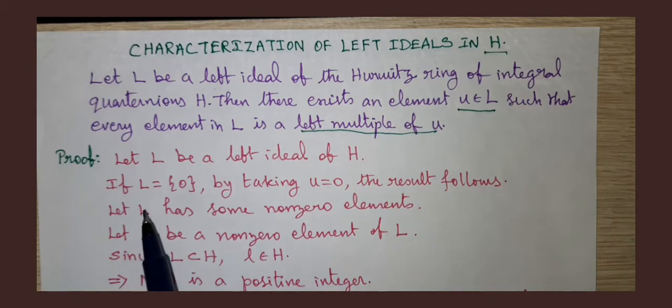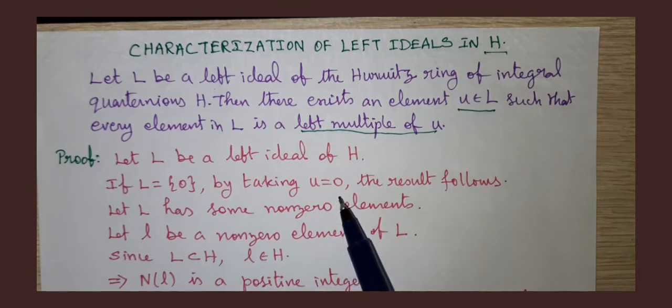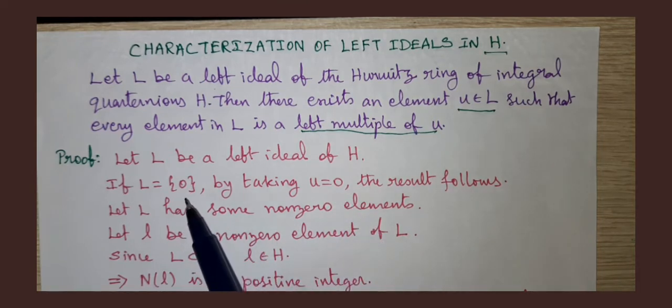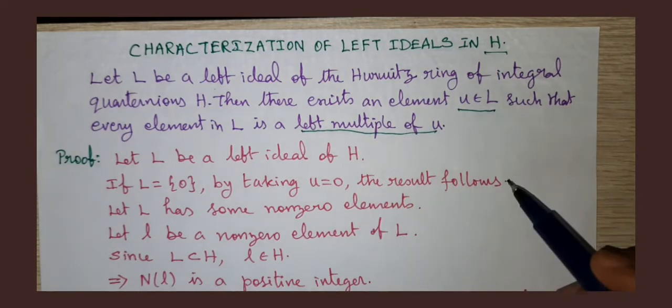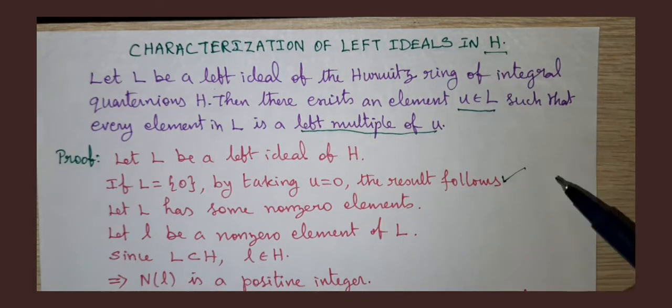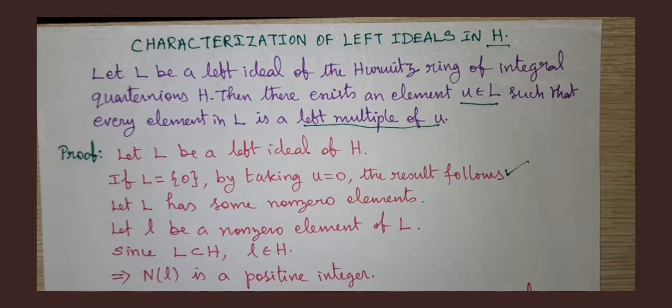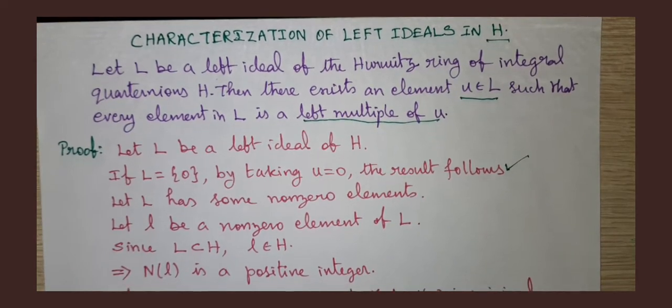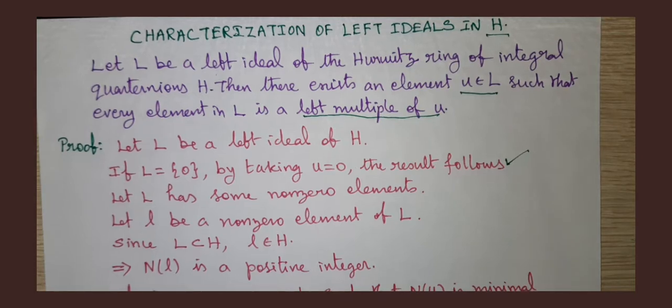In case it is having only 0 as the element, then by taking U equal to 0, we can see that every element of L is a left multiple of U. Therefore, the theorem is automatically true in the case when L is the singleton set {0}.